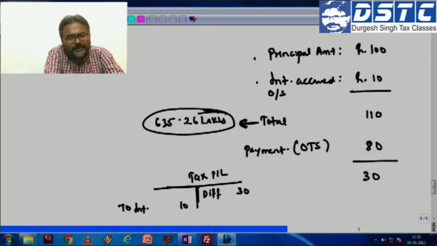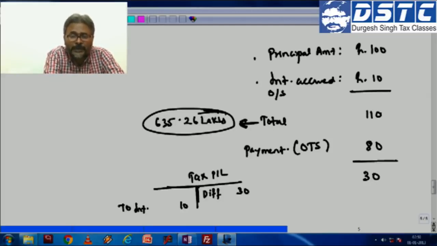The department disallowed the 10, suggesting that you have not made the payment of 10, and since you have not made the payment, the question of claiming a deduction of 10 will not arise.